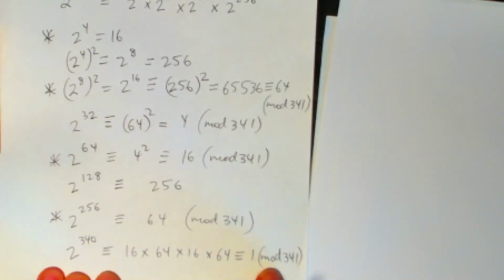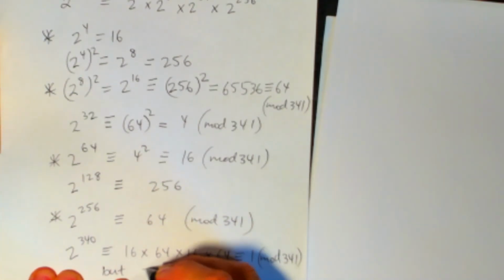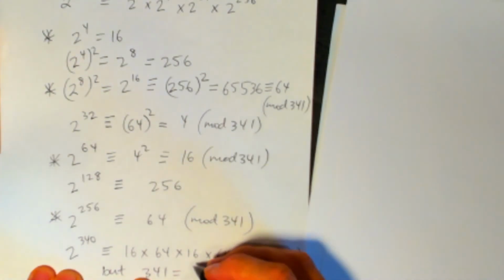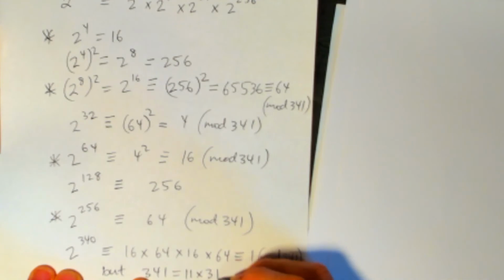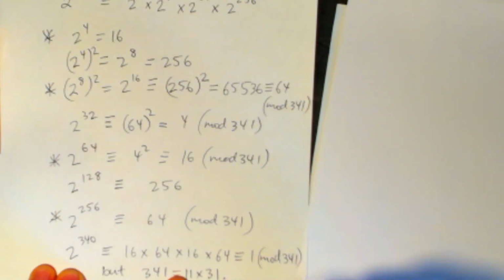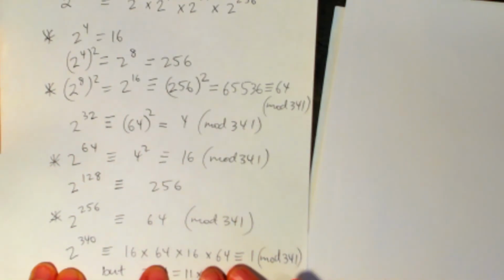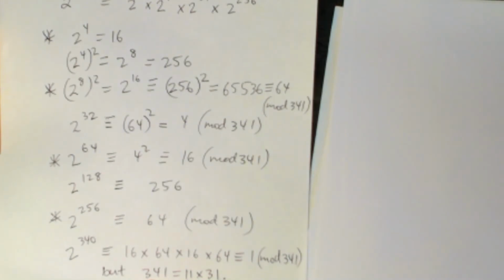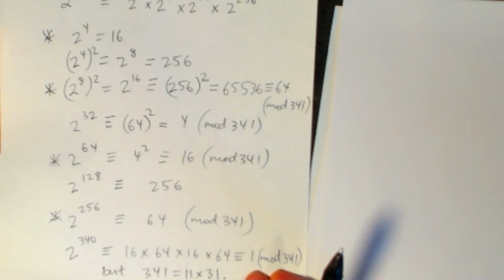Okay, so you can see that it satisfies Fermat's theorem, but 341 is equal to 11 times 31. So it's an example of what we call a pseudo-prime to base 2, because it satisfies the converse of Fermat's theorem, but it's not prime. It's composite. So just be aware that the converse of Fermat's theorem is false in general.